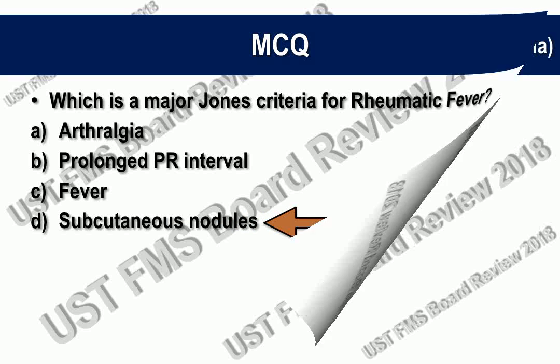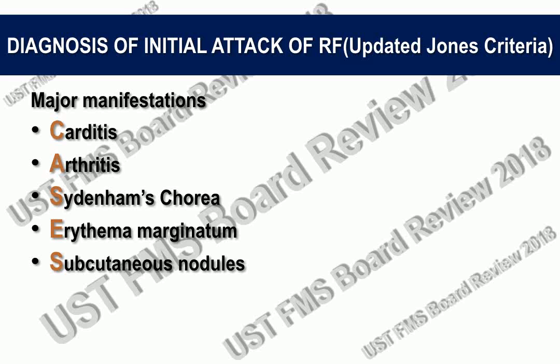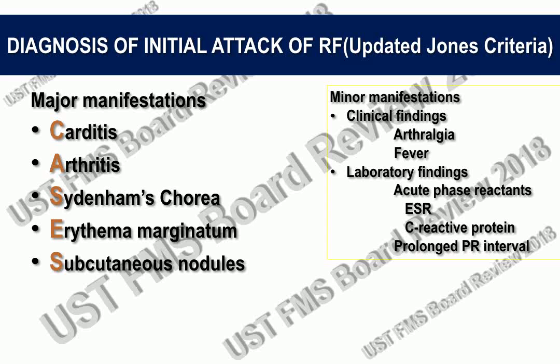So the updated Jones criteria consists of the following major manifestations, and you can easily remember that with the acronym CASES. Your carditis, arthritis, your Sydenham's chorea, your erythema marginatum, subcutaneous nodules. Be familiar with the manifestations and presentation of each major criteria.